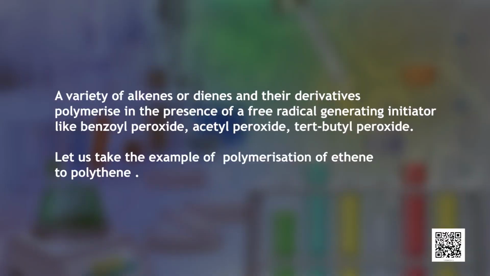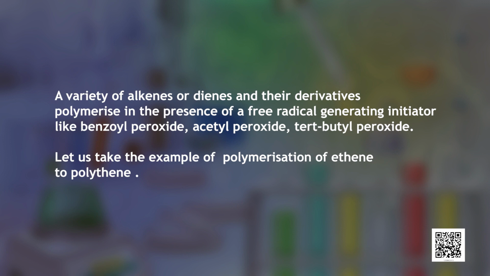As shared earlier, it is commonly followed by reactions undergoing addition polymerization. A variety of alkenes or dienes and their derivatives polymerize in the presence of a free radical initiator like benzoyl peroxide, acetyl peroxide or tert-butyl peroxide.